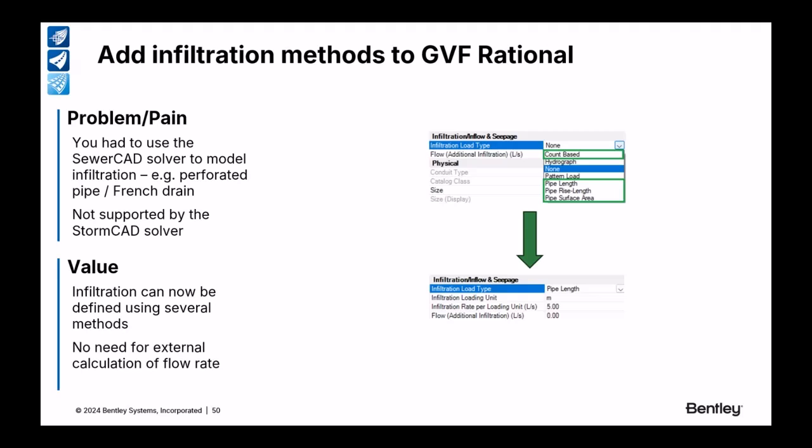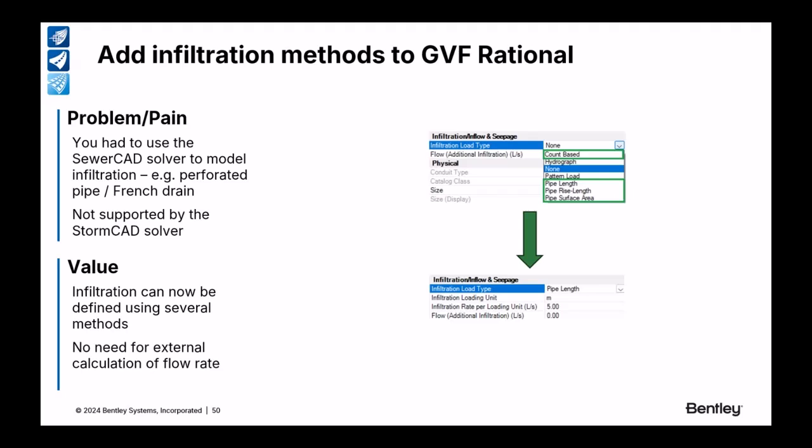And if you're defining a filter drain, what we've done is we've added several methods to let you state the rate of infiltration. So you can say it's so many CFS per linear measure of pipe, or it's so much per cross-sectional area of the pipe. So there's a few methods available for you there.